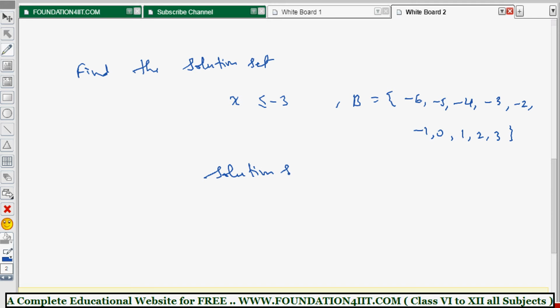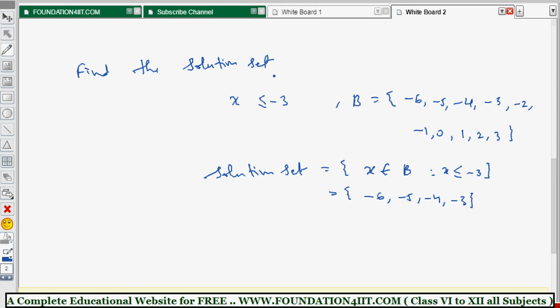Then the solution set is nothing but what exactly satisfies the given condition, that is x is less than or equal to minus 3, where x belongs to this set B. Since x is less than or equal to minus 3, we can write only those which are less than minus 3: minus 6, minus 5, minus 4, and minus 3 also, because here it is less than or equal, so minus 3 should also be taken.